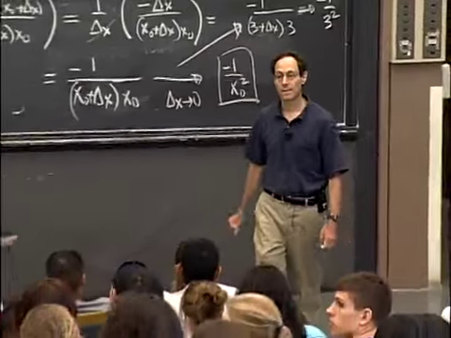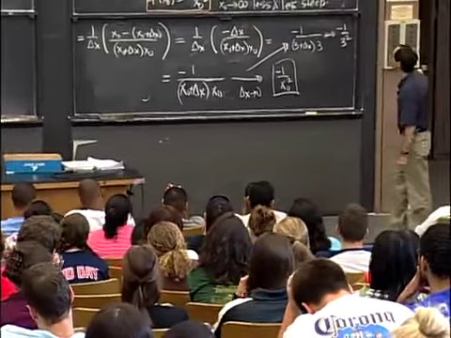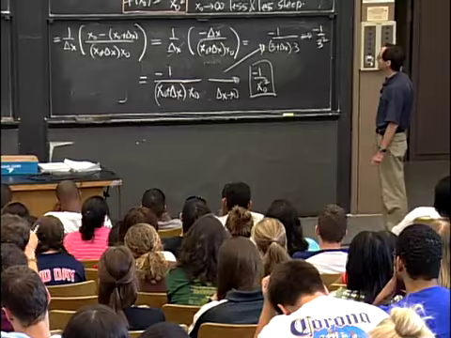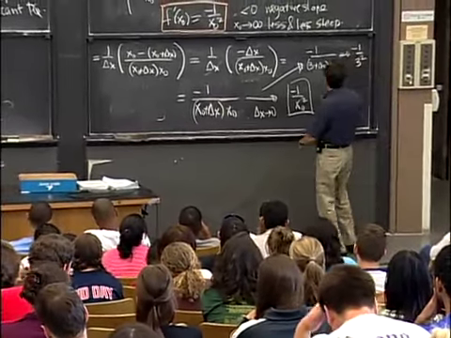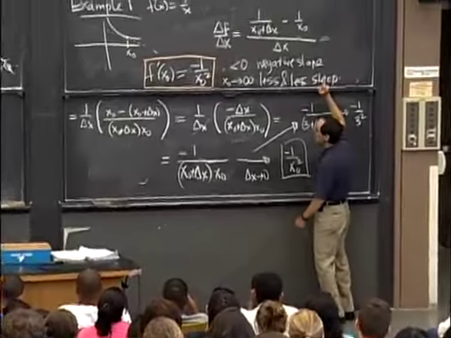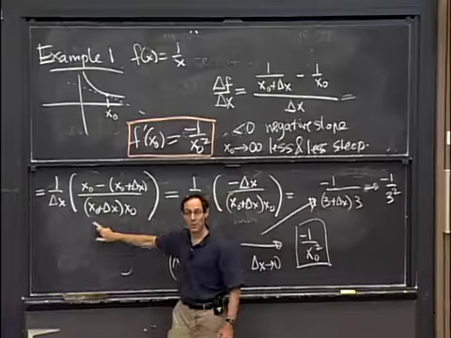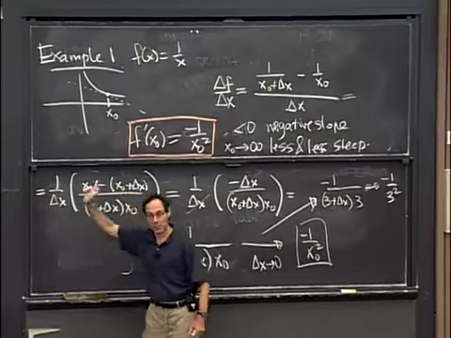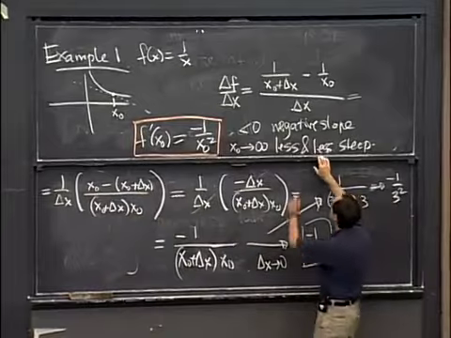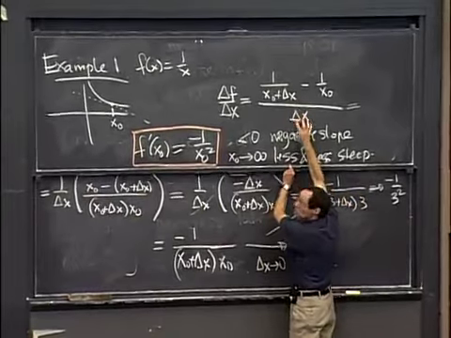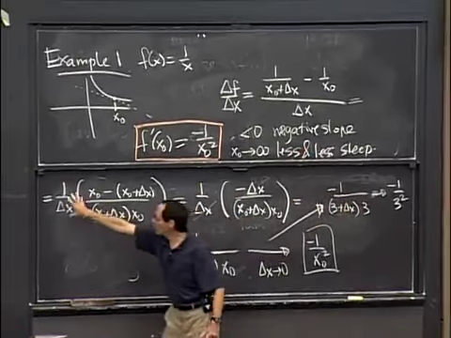Yes? How did you simplify it from delta f over delta x? How do you simplify it from your new equation to when you have 1 over delta x factored out? So the question is, what happened between this step and this step, right? Explain this step here. All right? So there were two parts to that. The first is this delta x, which was sitting in the denominator, I factored all the way out front.